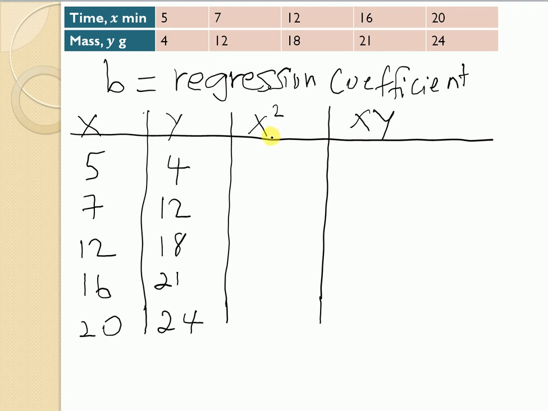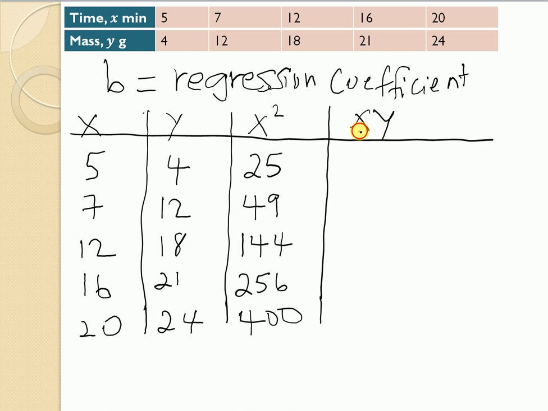X squared values, to get this, we have to square each individual x value. So 5 squared, that's 25. 7 squared, that's 49. 12 squared is 144. 16 squared, 256. And 20 squared is 400. xy, to get this value, we need to multiply each x value with its corresponding y value.